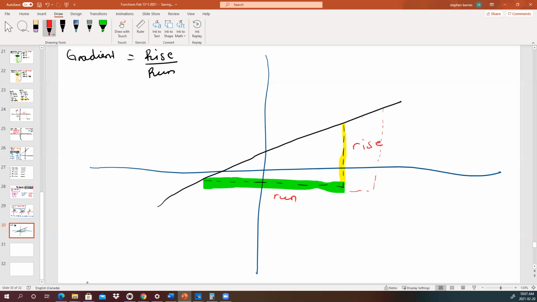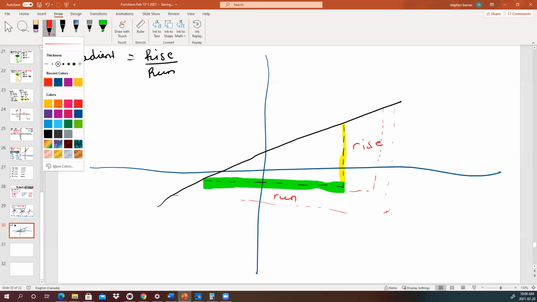It doesn't matter where you start measuring your run, and it doesn't matter where you end it either, as long as the 2 points that you use are on the line. Clear? Yes, sir.